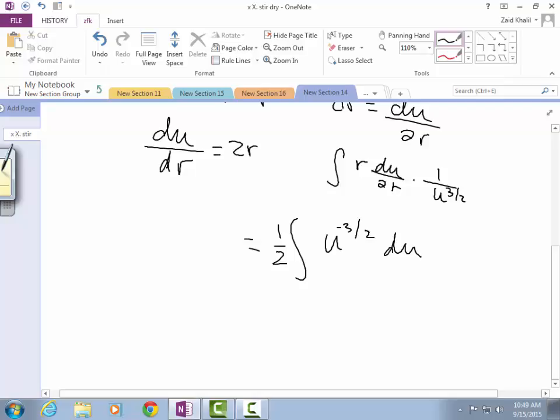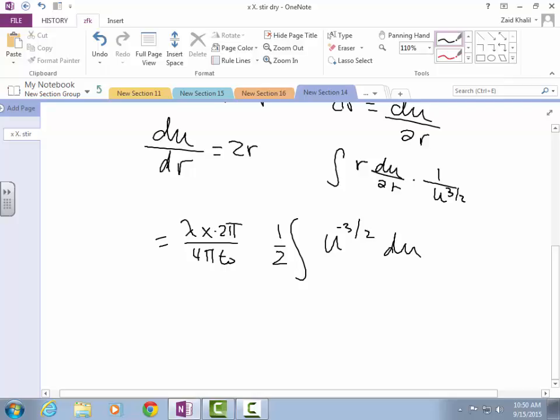And remember, we have all that stuff on the outside. What was that stuff on the outside? Lambda x times 2 pi over 4 pi epsilon naught. And then was that it? Okay. So what is the integral of u to the negative 3/2?